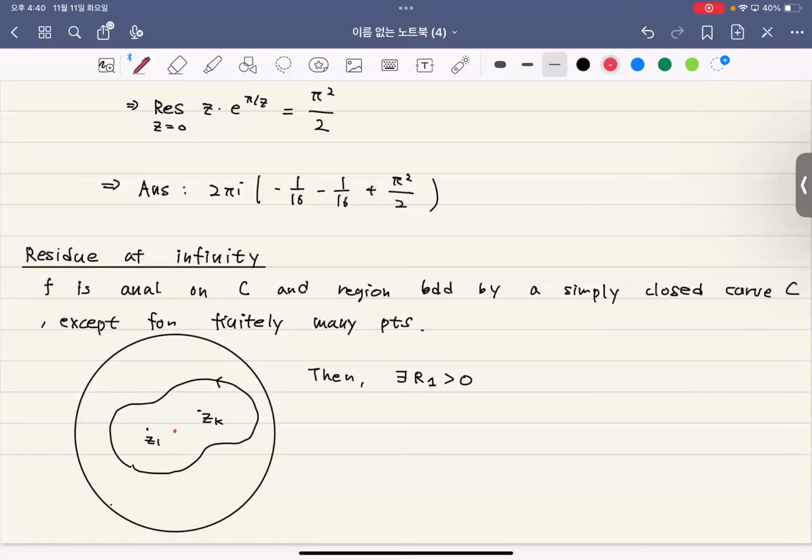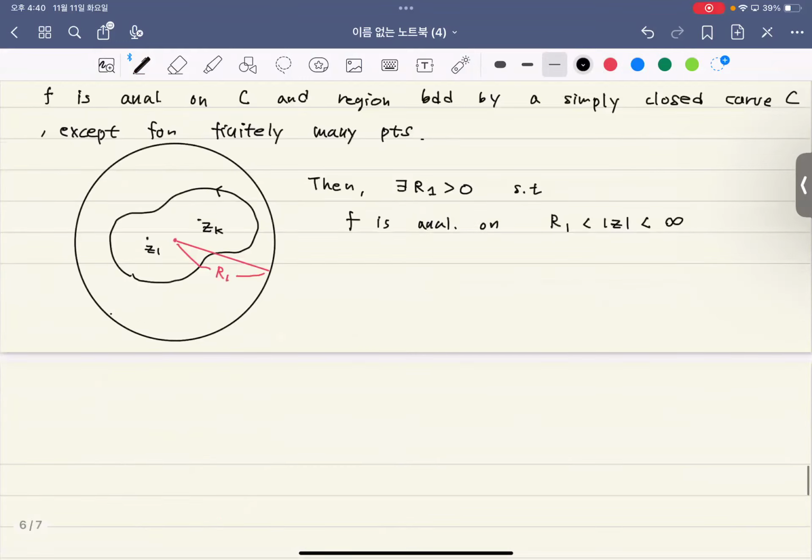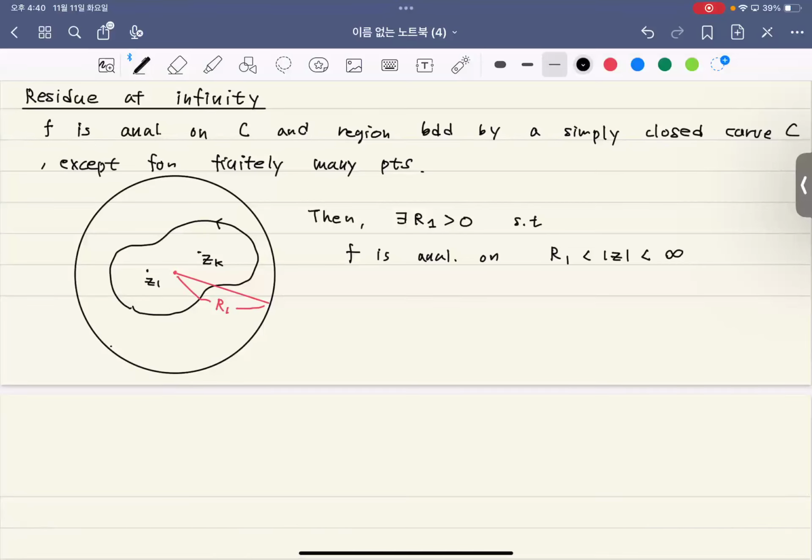This is the center, and this radius is R1, such that f is analytic on this outside radius, so outside of this region, which is outside of this large circle.